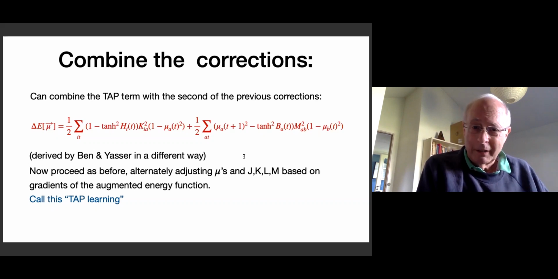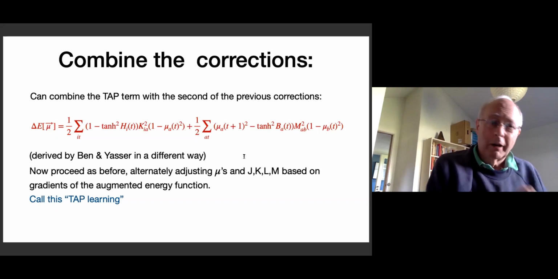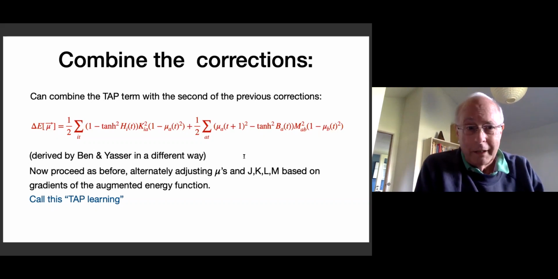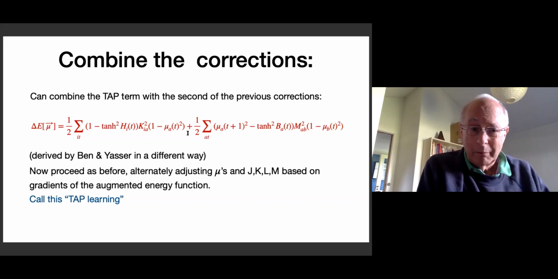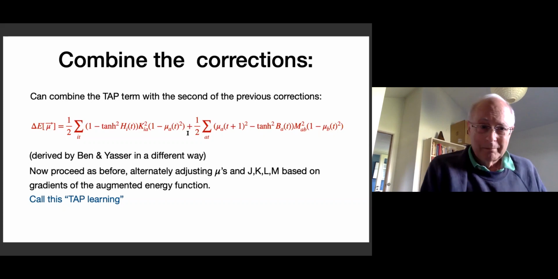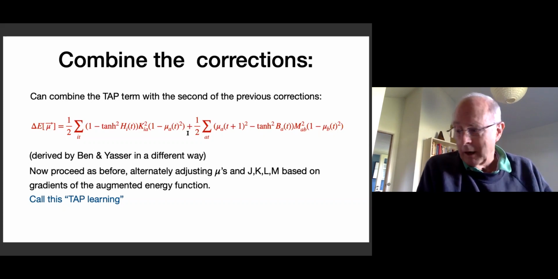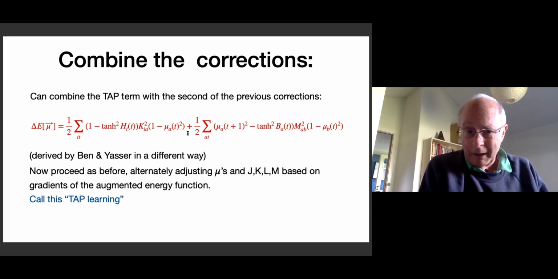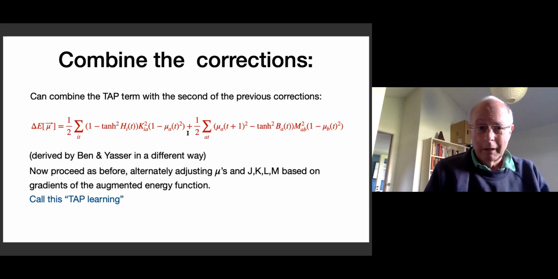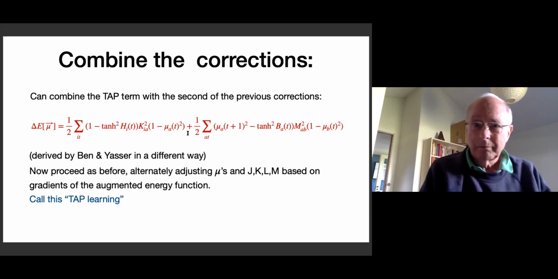You alternately adjust the mu's and the coupling constants based on gradients of this augmented energy function, the one with these extra terms in it. And this is what I call TAP learning. Okay, and now I think it's time for a 5 or 10 minute break. And when we come back, I'll show you how we tested this on some fun examples.